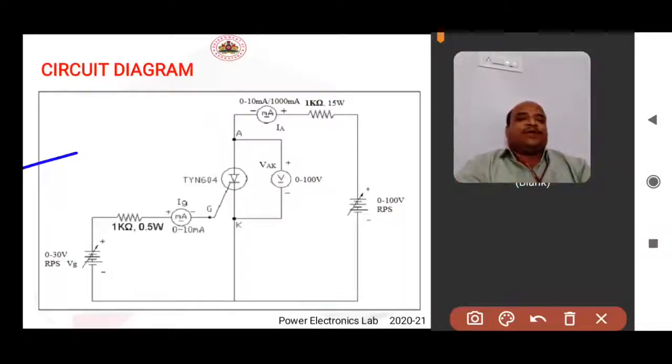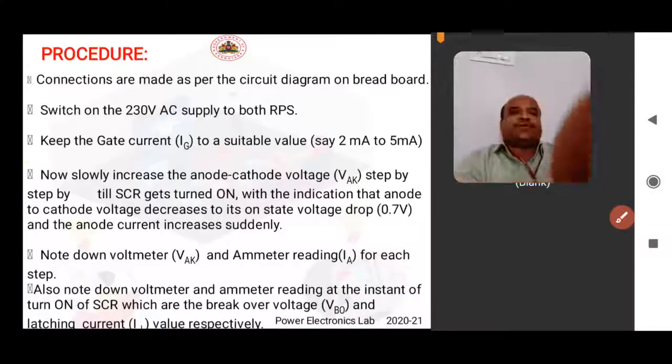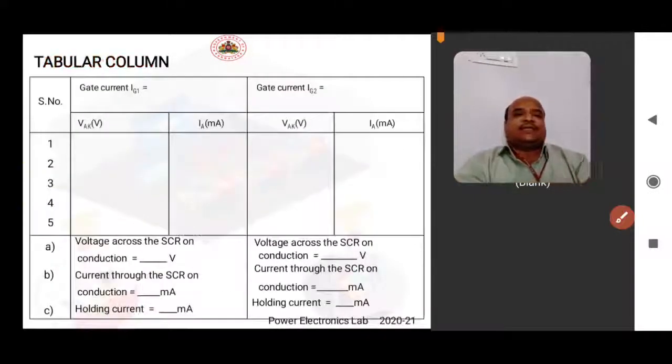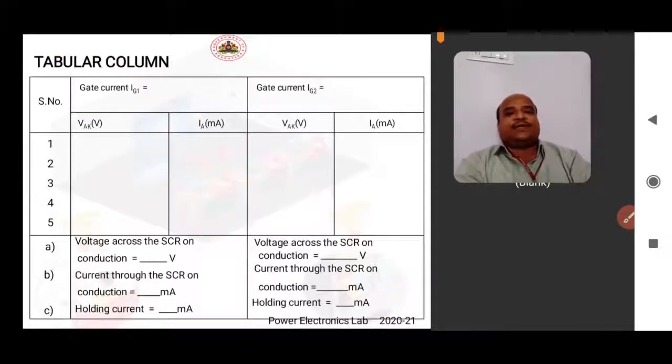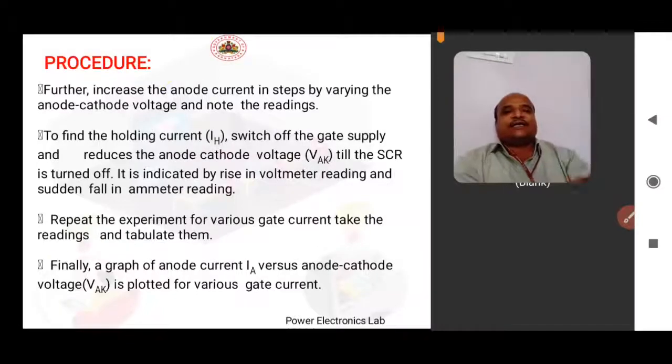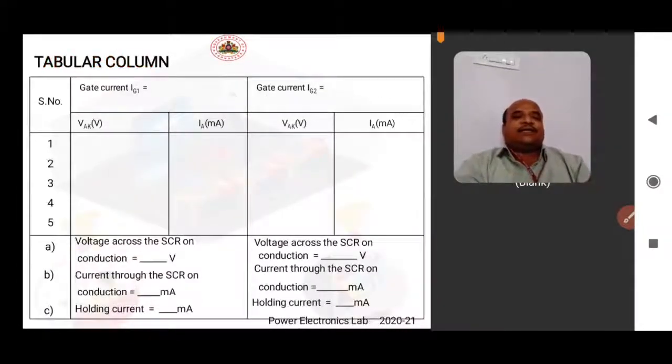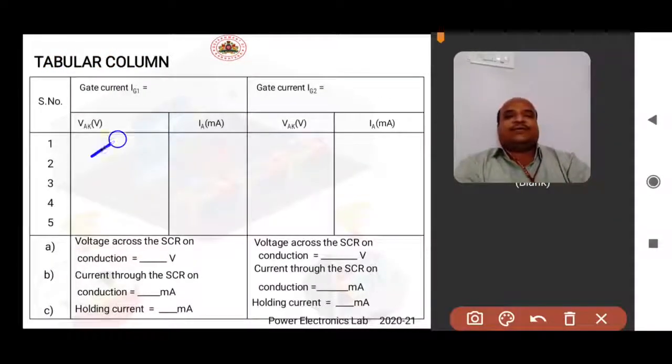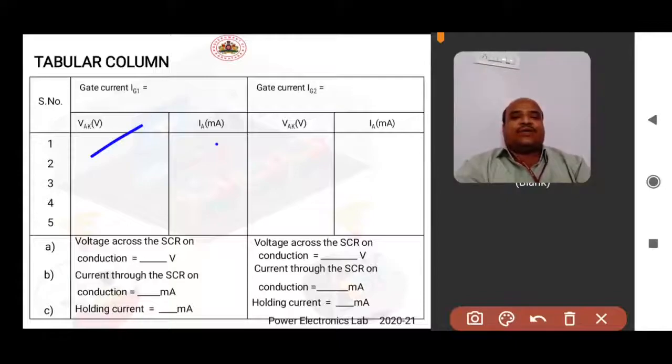Then you can draw the tabular column. Here you can take down the gate current, and here you can note down the voltage in steps of 5. Then you can note down the anode current.